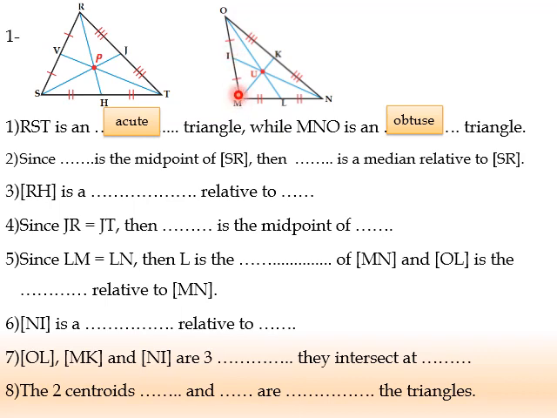It means that NI is a median issued from a vertex to the midpoint of segment OM, its opposite side. Now, similarly, OK equals KN, so K is the midpoint of ON, and MK is a segment issued from the vertex to the midpoint of the opposite side. These medians are concurrent here at point U.